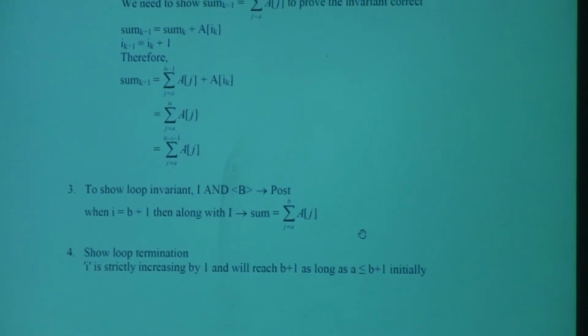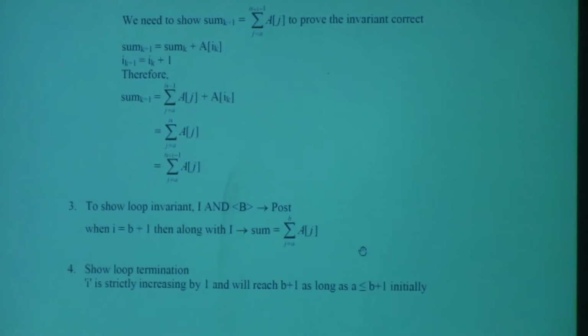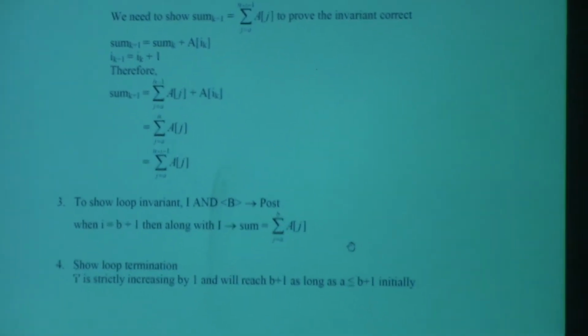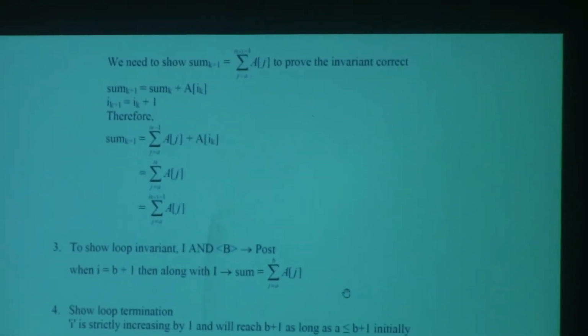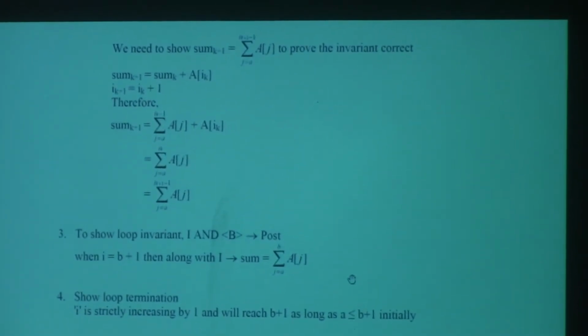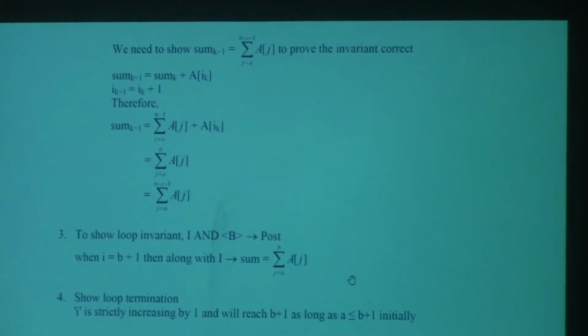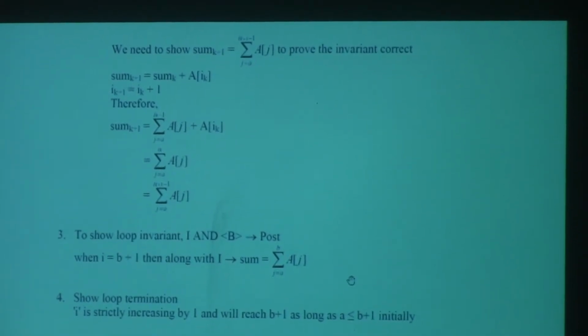So our continuing condition was that I is not equal to b plus 1. Therefore the break condition is the negation of that continuation condition. So when I is not equal to b plus 1 is false, that means I is equal to b plus 1.